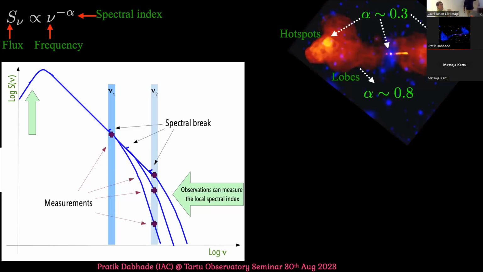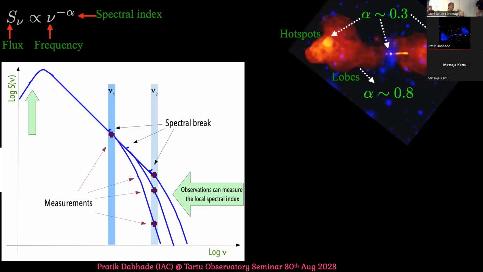For that you require really deep, very large amounts of multi-frequency data to determine that. Once we do that, this power law spectrum, as the plasma is aged or it is older, firstly, there are radiative and adiabatic losses which are happening, which leads to a break in the spectrum. And this break will go to more lower frequency when a lot of time has elapsed.